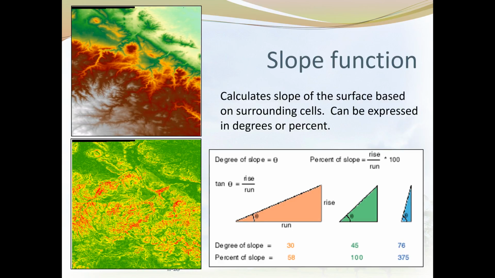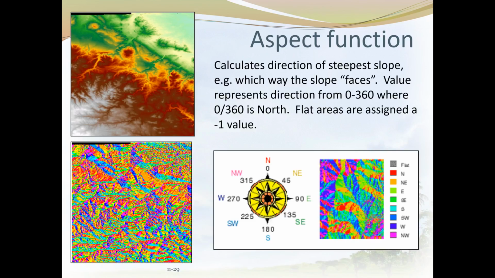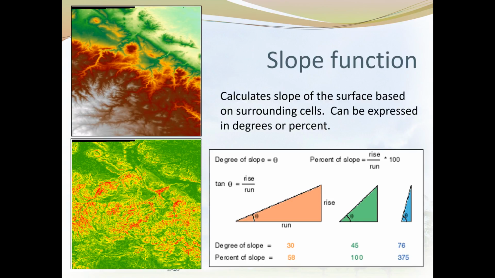Let's look at the slope function. It calculates the slope of the surface based on surrounding cells and can be expressed in degrees or percent. This is a slope map. The slope map uses trigonometry. It shows the steepness of the terrain, and could identify sites flat enough to build on.